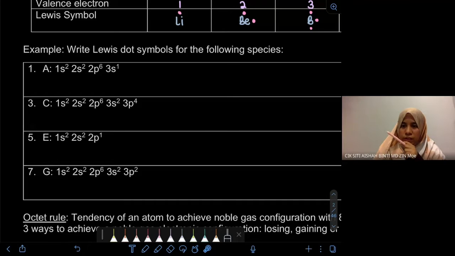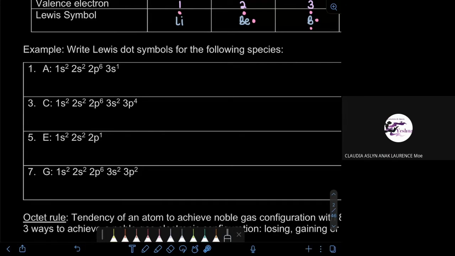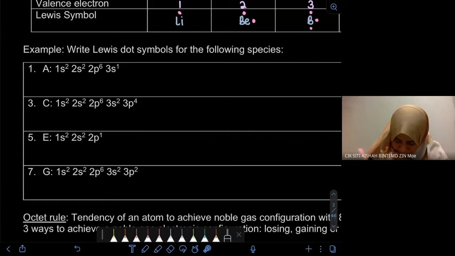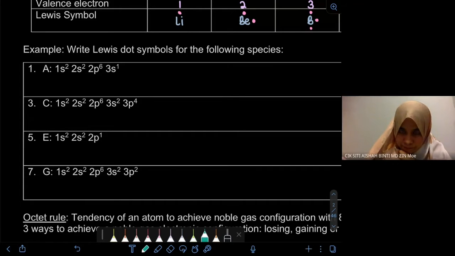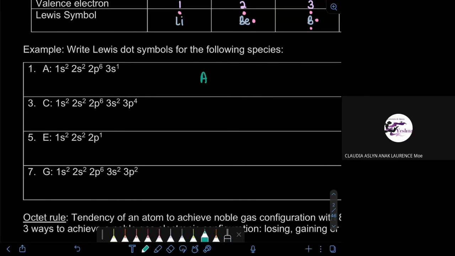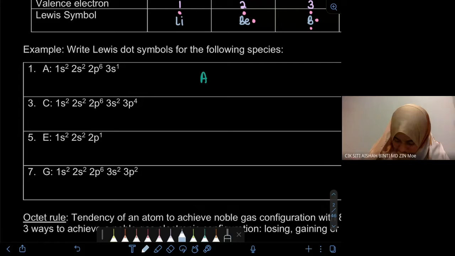Okay, Claudia, how do you draw the Lewis dot symbol for example number 1? A dot 1. Okay, thank you Claudia.